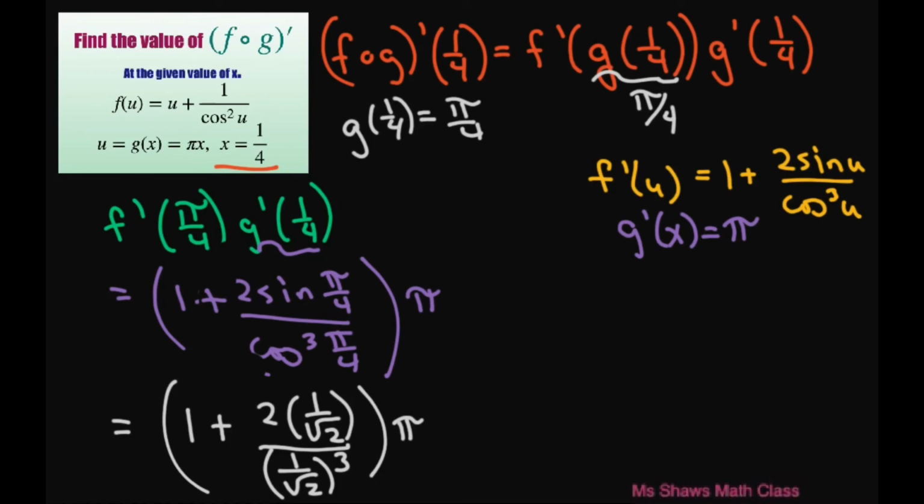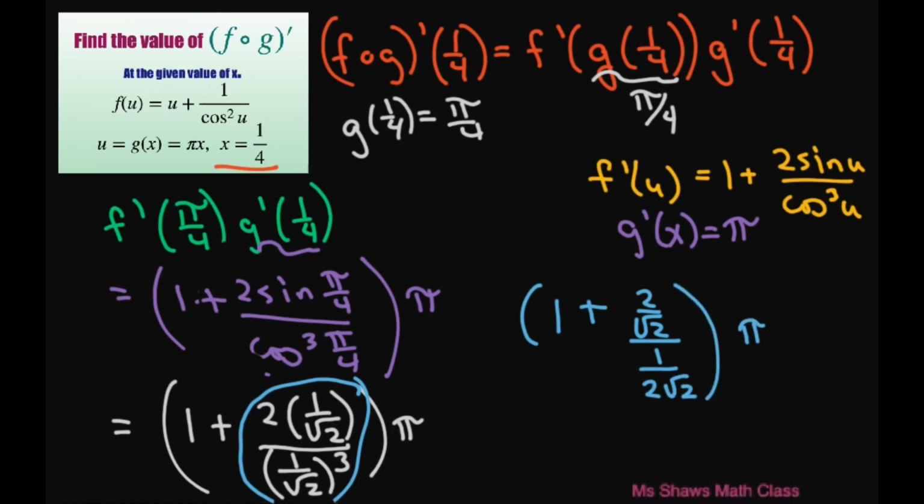So looking at this, let's take care of this piece right in here. So we still have 1 plus 2 divided by square root of 2, divided by, when you cube this, 1 divided by 2 square root of 2, times pi.